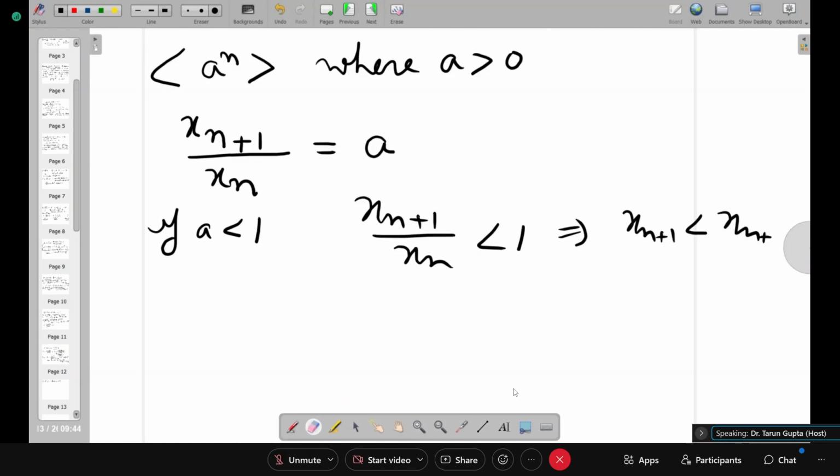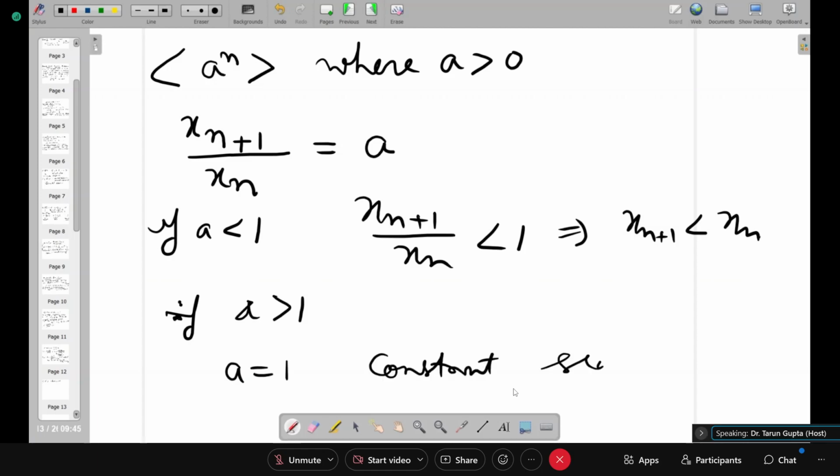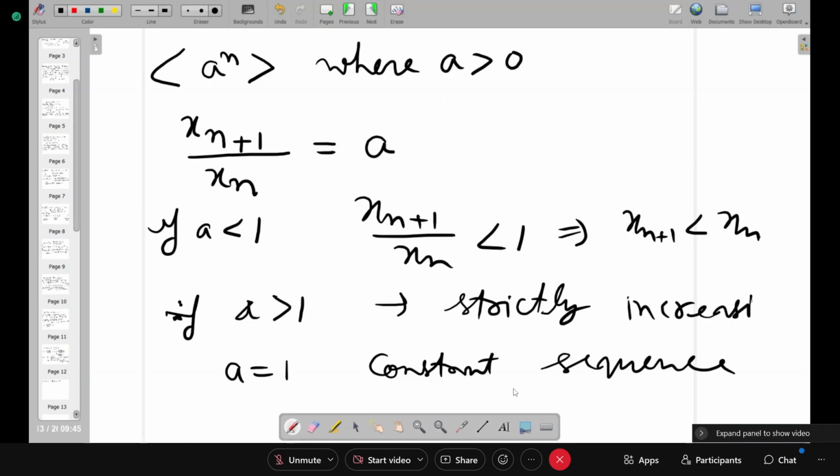So this is strictly decreasing. Similarly, if a is greater than 1, then strictly increasing, and if a equal to 1, then this is a constant sequence. So in this way, by dividing xn plus 1 upon xn, you can check.